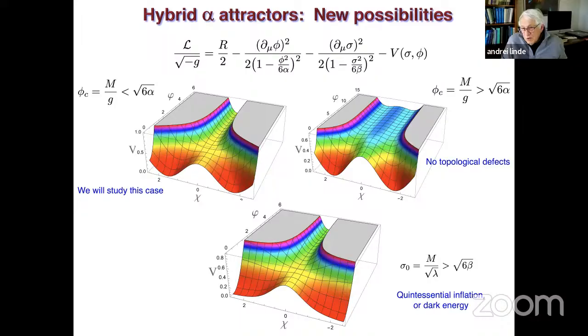And that is this quintessential inflation or quintessential dark energy, where you get this extra delta N equal 10. So it's very strange that you start with a simple model, you try to do something small, and then suddenly the whole world changes.